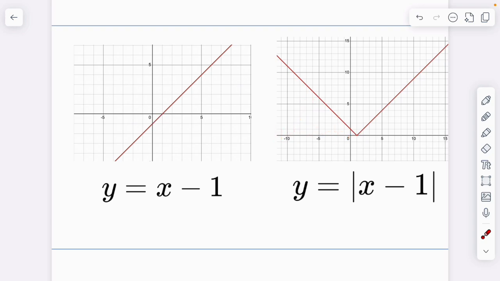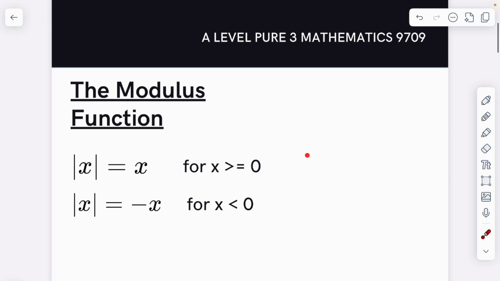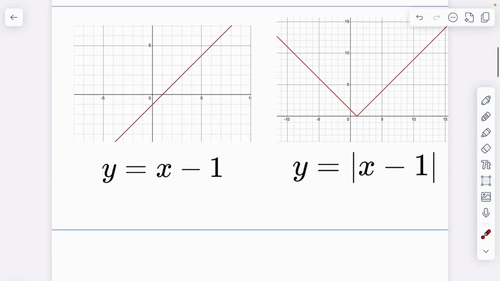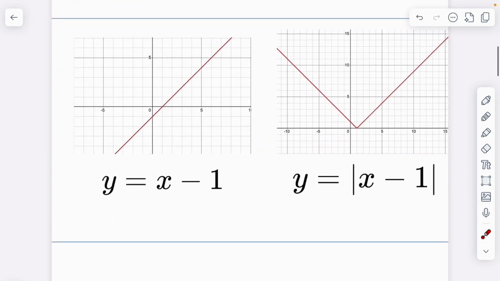And that's what we've got here. So that's the key difference: the absolute value bars just change the way the graph looks because everything is going to be positive.